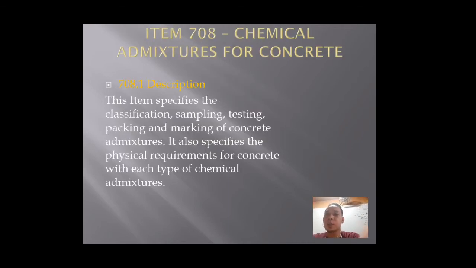So now we're going to talk about the chemical admixture for concrete. So item 708, sub-item 708.1. This item specifies the classification, sampling, testing, and packing of concrete admixtures. It also specifies the physical requirements for the concrete with each type of chemical admixture.